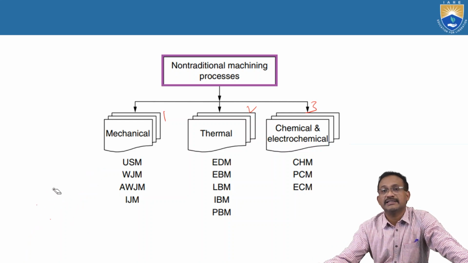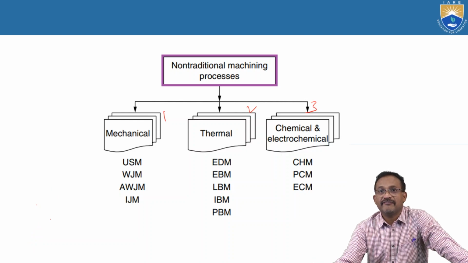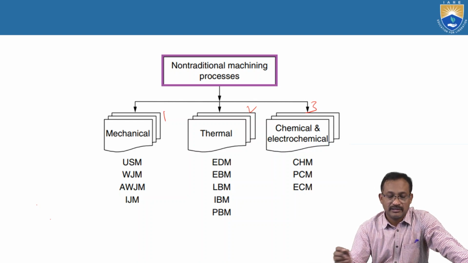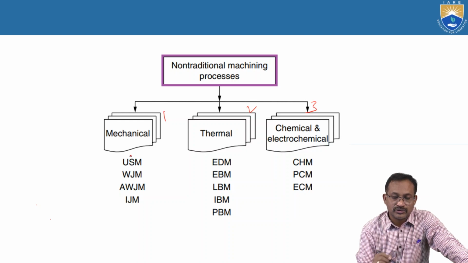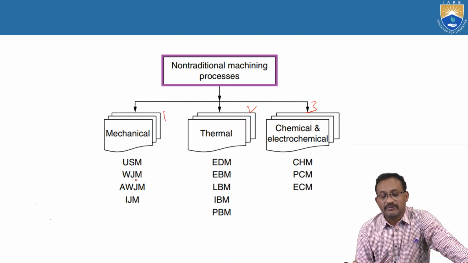Now let us see the peripheral information of these mechanical, thermal, and chemical and electrochemical non-traditional machining processes. The mechanical non-traditional machining processes are based on mechanical forces: ultrasonic machining, water jet machining, abrasive water jet machining, ice jet machining.